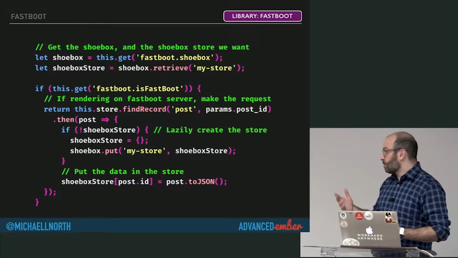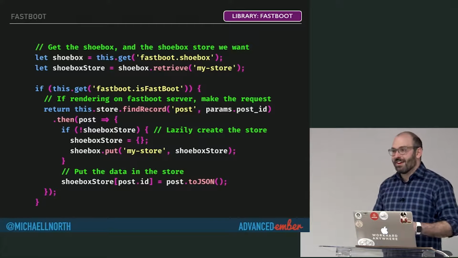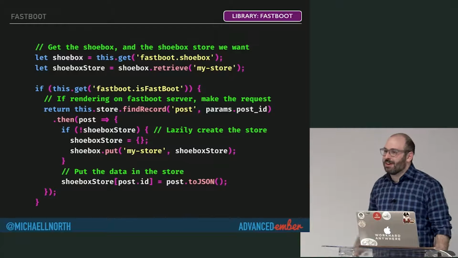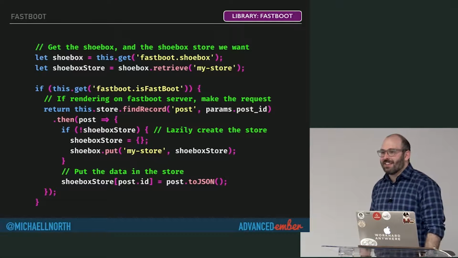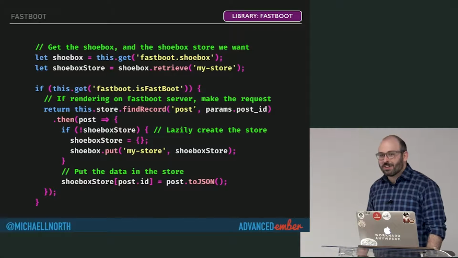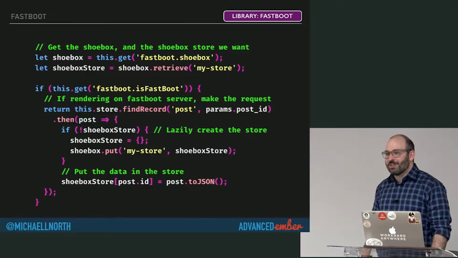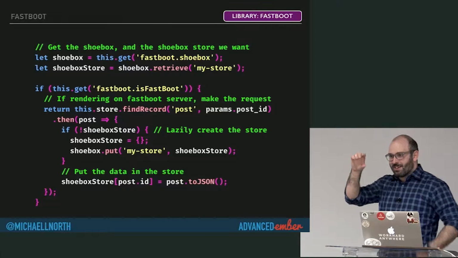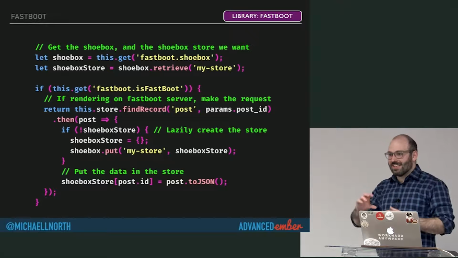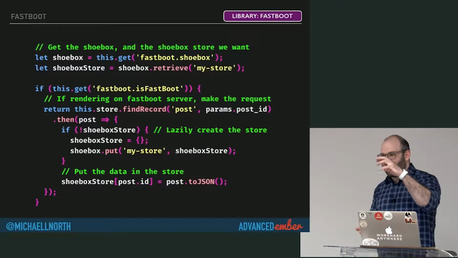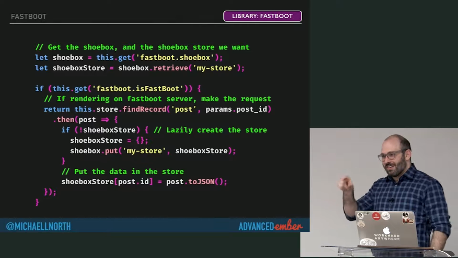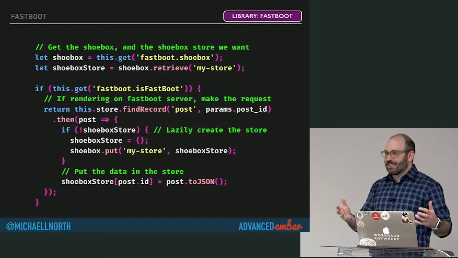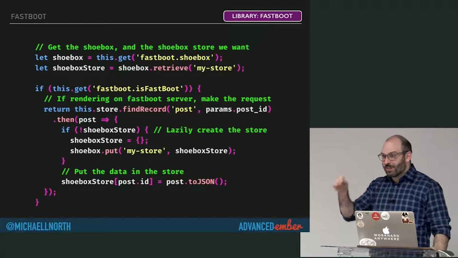If you were just putting post itself there, it can mutate long after this code is run and screw you up. And the way that will be most annoying is if it turns into a circular JSON structure, where maybe part of your Ember Data record gets deserialized into client-side models where you have child objects that refer back to the parent, and essentially you're trying to JSON stringify something that is recursive.